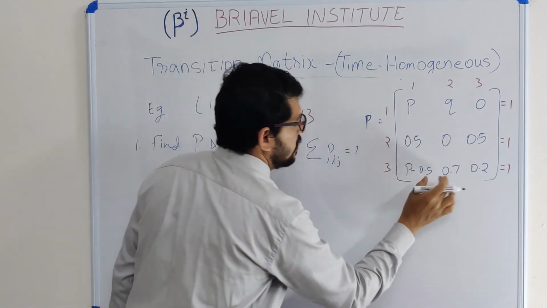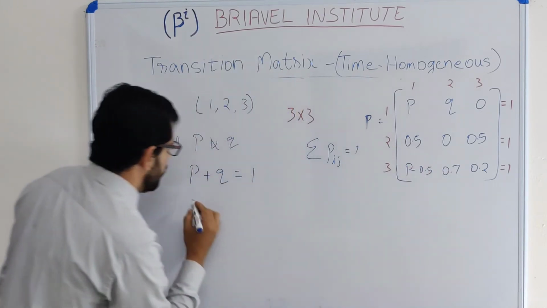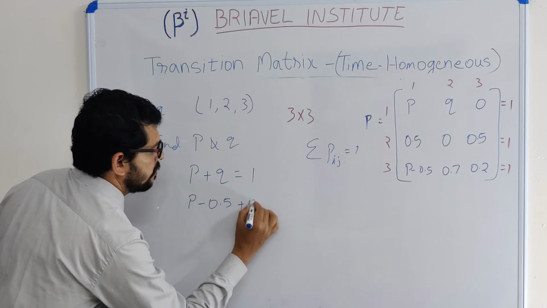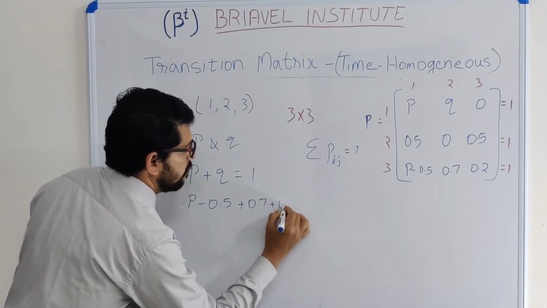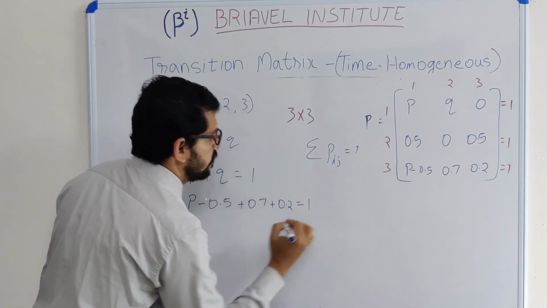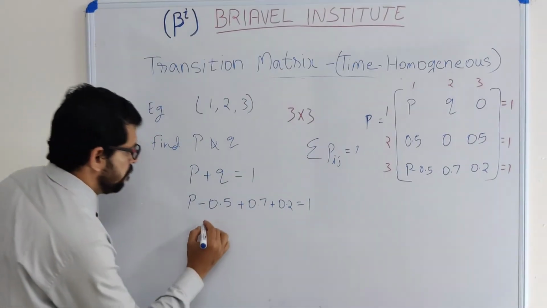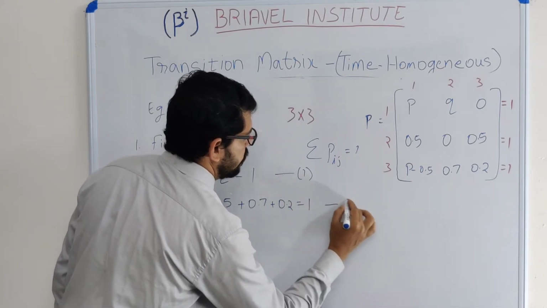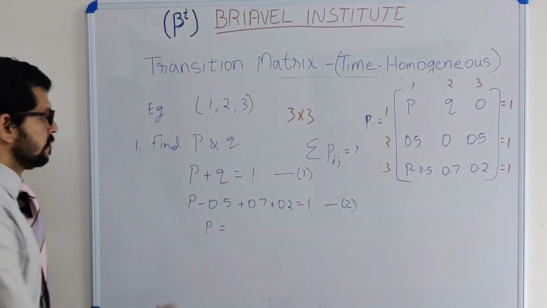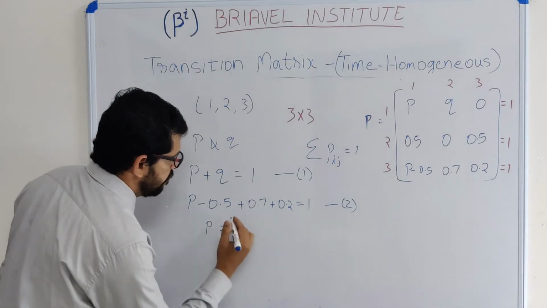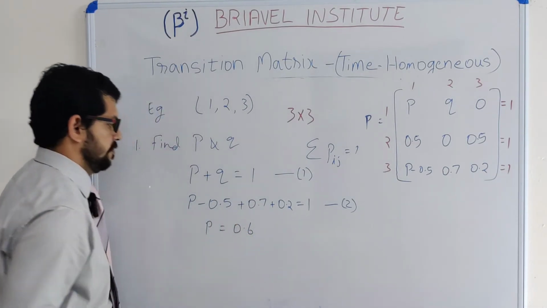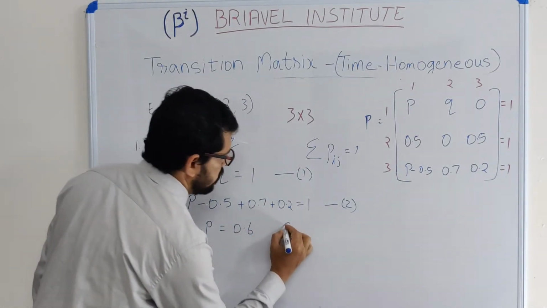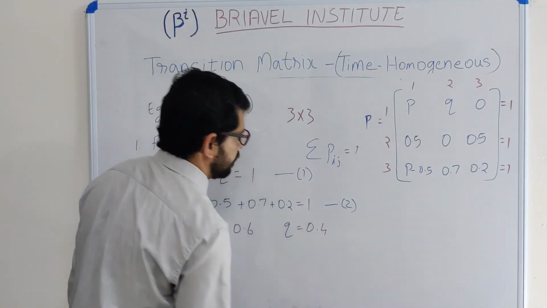And we consider the third equation, the third row. P minus 0.5 plus 0.7 plus 0.2 equals 1. Solving this equation, the second equation, we get P is equal to 0.6. Substituting this value in P plus Q equals 1, Q is equal to 0.4.